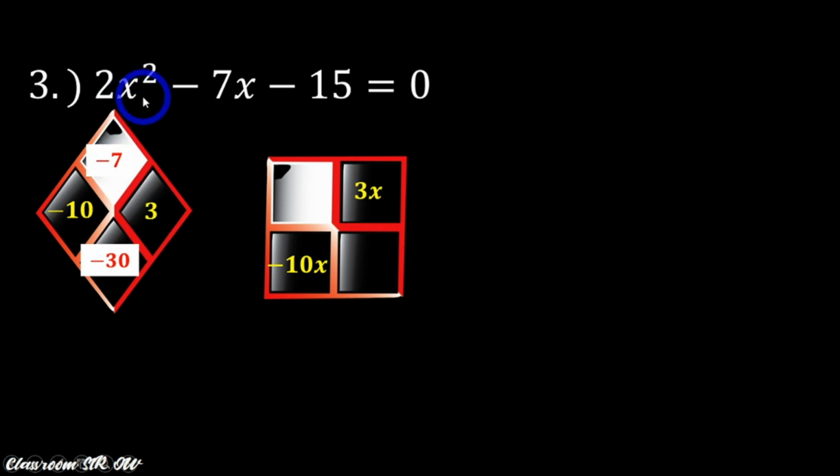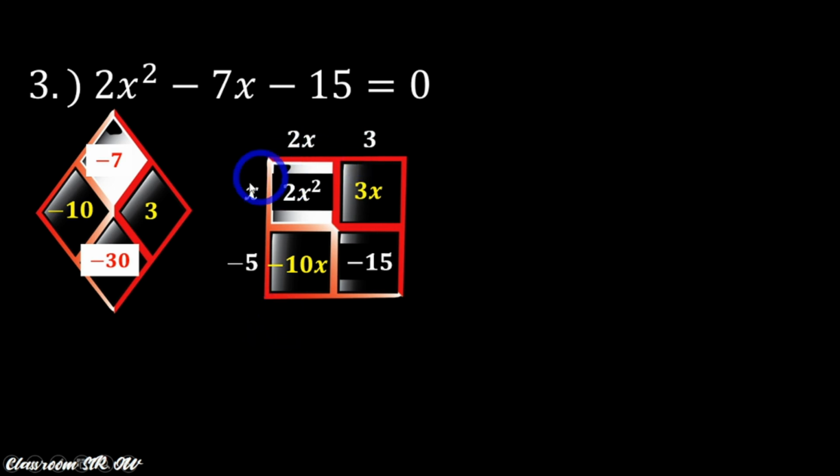So, putting what is left in the quadratic equation, we have 2x squared and negative 15. Factoring out 2x squared, of course, that is x times 2x, and we divide 3x by x, that will give us 3, and negative 10x divided by 2x, of course, that's negative 5.